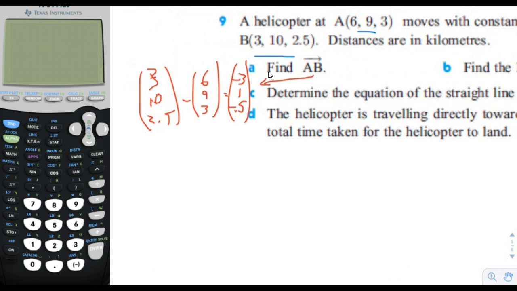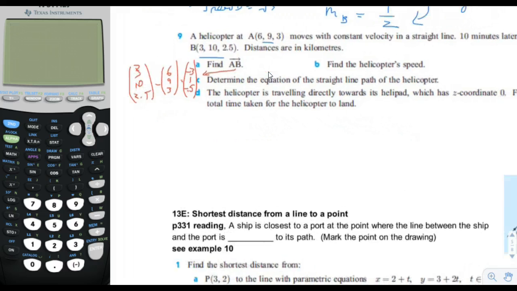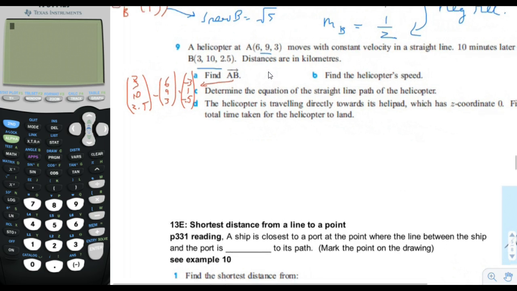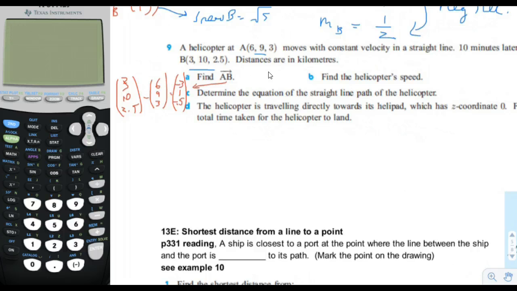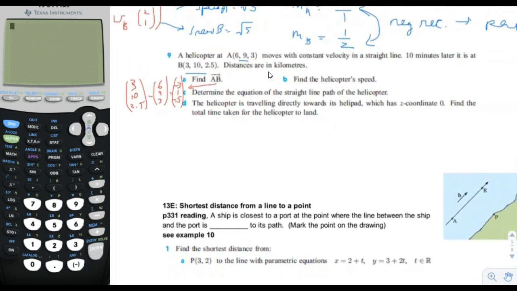Now B, find the helicopter speed. The helicopter speed can be found by finding the difference in the two vectors, which we just did with vector AB, and dividing it by the time it takes to get to the new position. First we need to find the magnitude of that. The magnitude would be the square root of 3 squared plus 1 squared plus 0.5 squared.